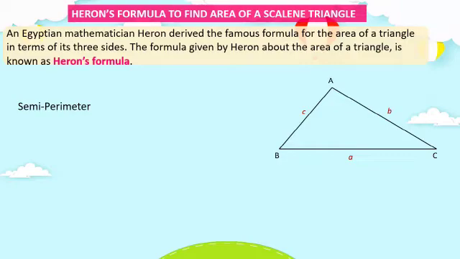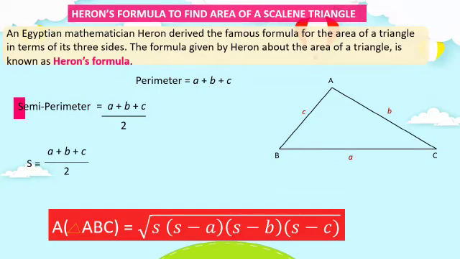Now, perimeter is equal to the sum of all the sides, that is A plus B plus C. Therefore, semi-perimeter is equal to A plus B plus C divided by 2, or half of the perimeter. We can denote semi-perimeter as S.